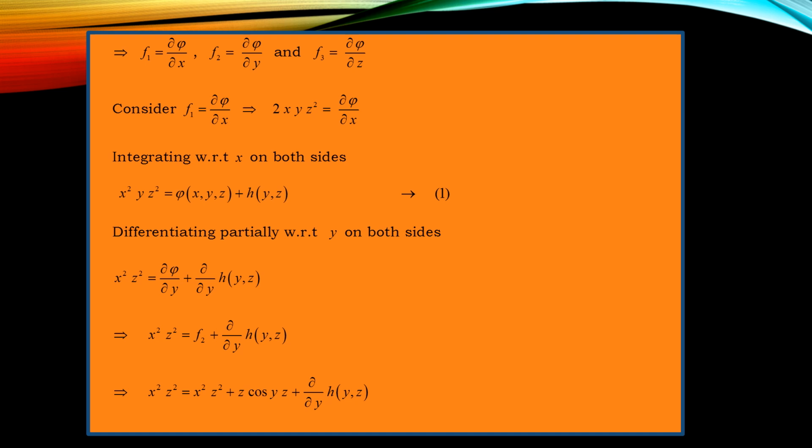We know the value of ∂phi/∂y, that is nothing but the second component function f2. Let us substitute f2 in the place of ∂phi/∂y. Then we obtain x²z² equals f2 plus ∂/∂y h of y, z.